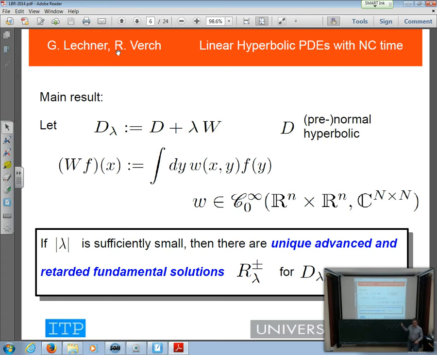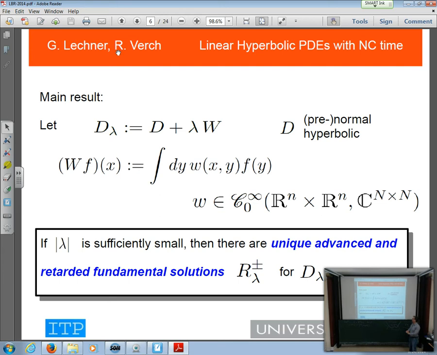I have presented a D which is second order, but it can also be first order as long as it's pre-normal hyperbolic. So everything holds in the same way. But for simplicity, I usually think of the hyperbolic situation. That is what I had presented before. But everything holds also if D is pre-normal hyperbolic, first order.